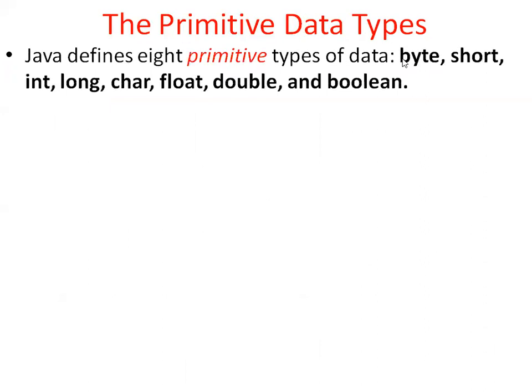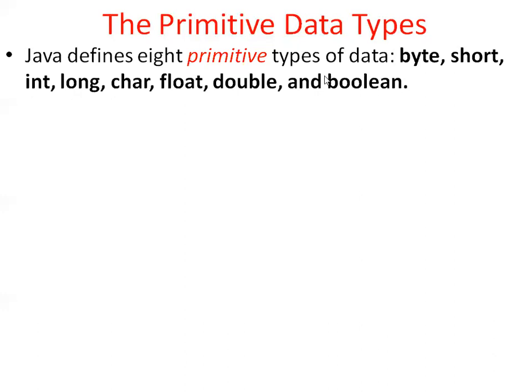Now, having known that Java is a strongly typed language, let us see what primitive data types are supported in Java. Java defines 8 primitive types of data. What are those? Byte, short, int, long, char, float, double, and boolean.